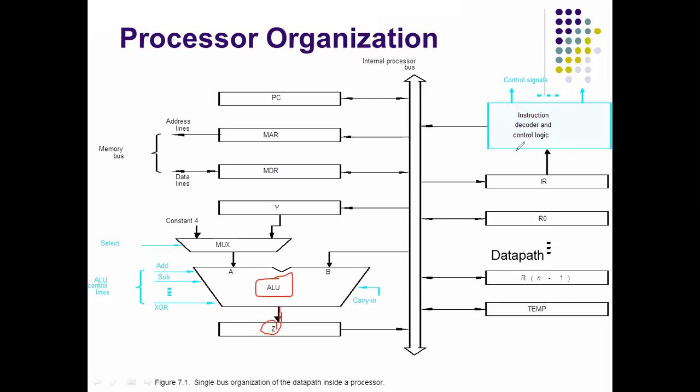And control logic. From the internal processor bus, if you observe the arrow mark here, the instruction will be placed in this IR, instruction register. That instruction will be decoded by using this instruction decoder. If any data is stored, in memory registers or some buffer registers, those registers are taken as R0, R1 and so on up to Rn minus 1.